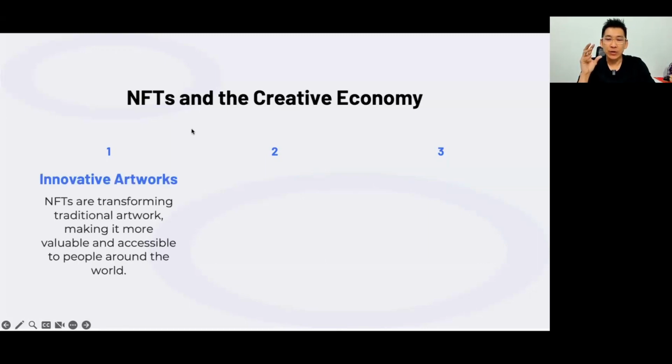The first one is innovative artworks. NFTs are transforming traditional artwork, making it more valuable and accessible to people around the world. Some artists have challenges selling their art in the offline world. Why? Because they cannot reach.